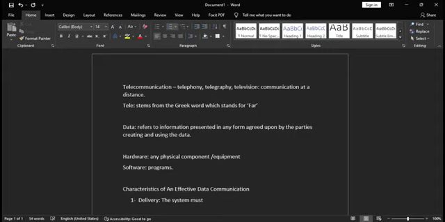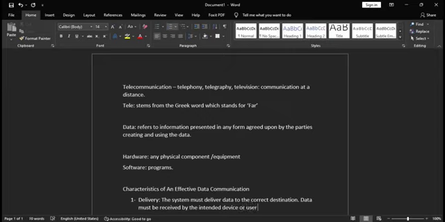The system must deliver data to the correct destination. Data must be received by the intended device or user.